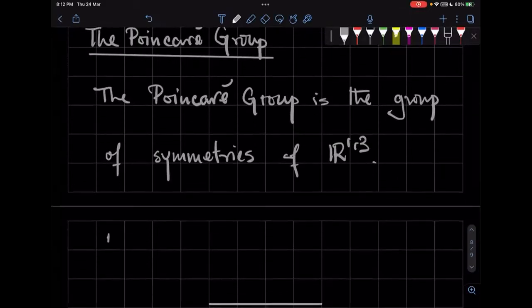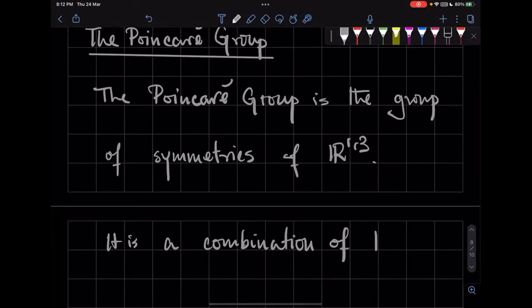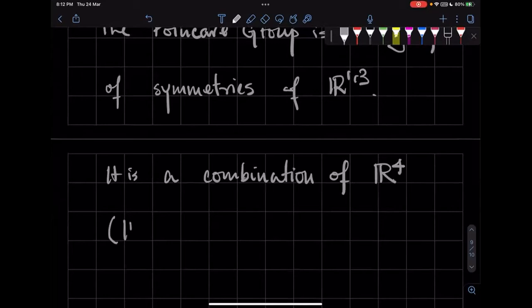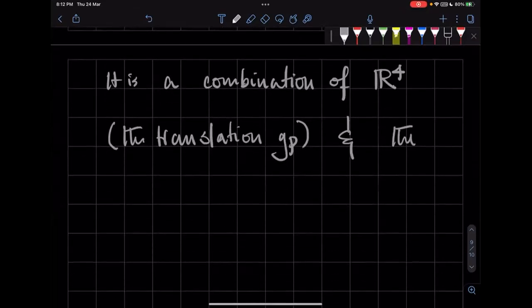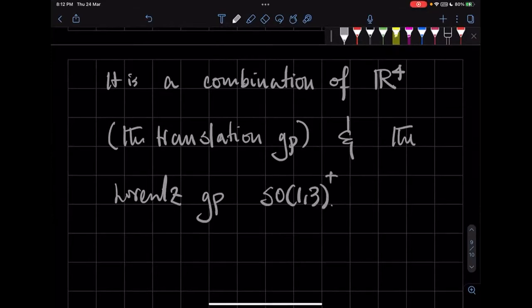So it is a combination of the translation group R4 and the Lorentz group, or orthochronous proper Lorentz group SO(1,3), and there's a plus or something, right?